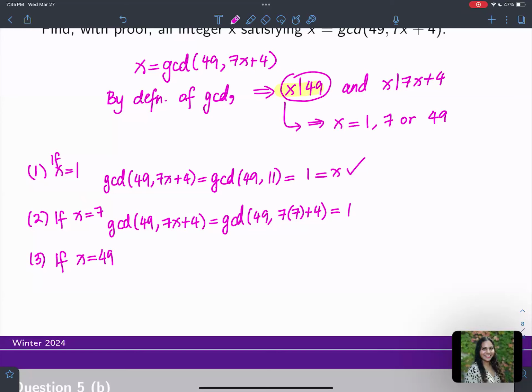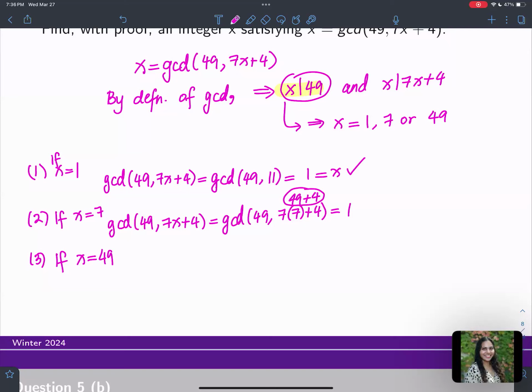It's okay if you don't. The second number is literally 49 plus 4. 49's factors are 1, 7, 49, and your 4 is the remainder here. There is no way you're taking 49, adding 4 to it, and getting a number that has 7 or 49 as a factor, because the only factors of 49 are 1, 7, 49.